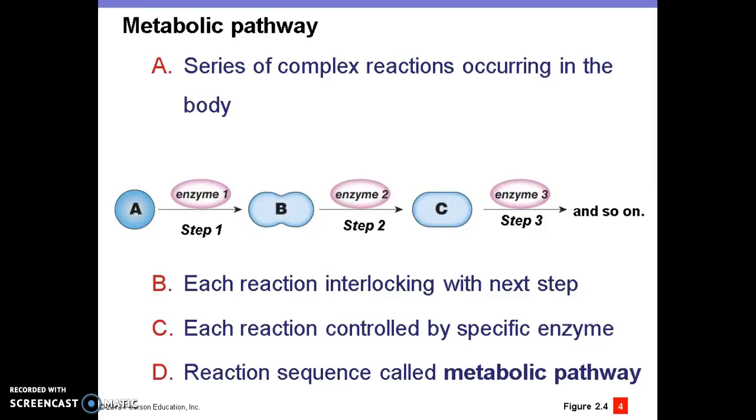In this case, what you're looking at here is a starting reactant, A, that is somehow going to be changed to form B. A bond might be broken, a bond might be made, and this first step, A to B, requires enzyme number 1. Then we have B. B is not the final product, so B must be changed to form C, and that requires enzyme 2. This whole series of steps is your metabolic pathway.